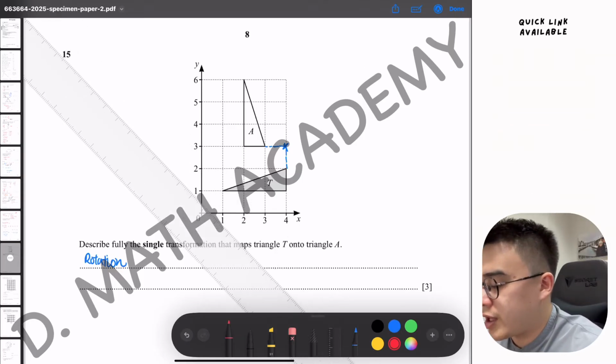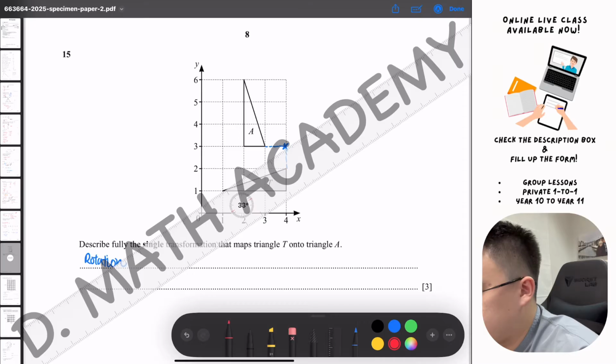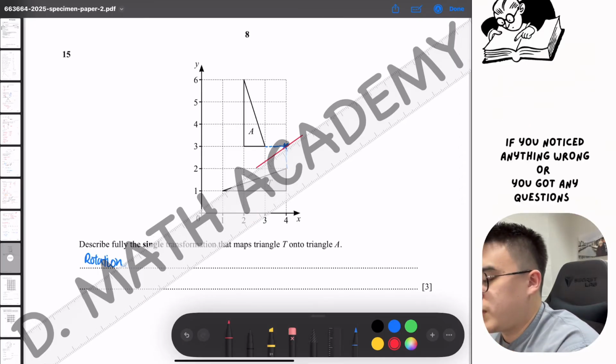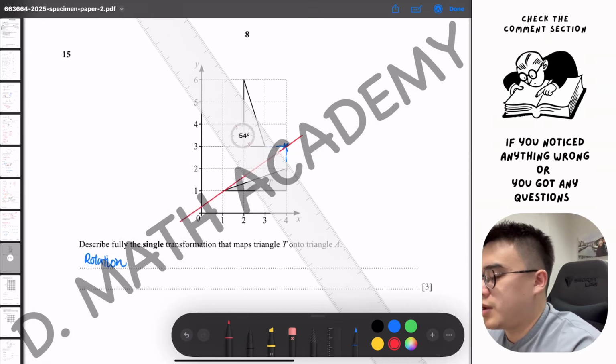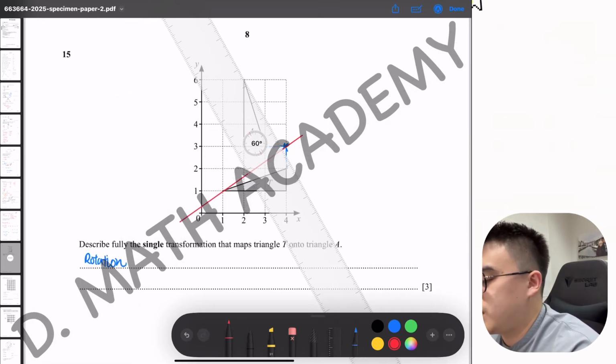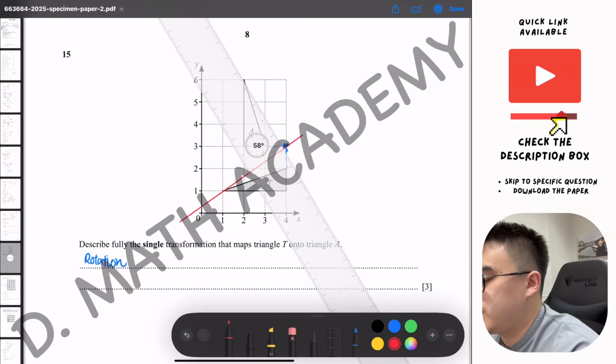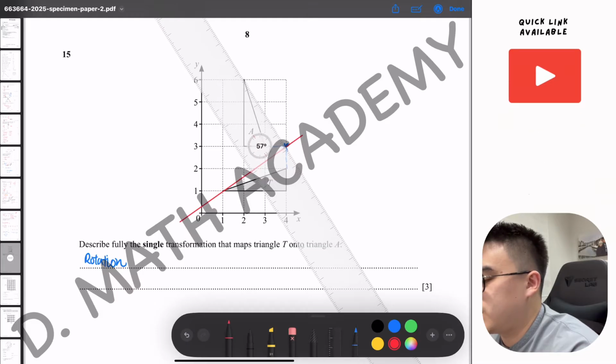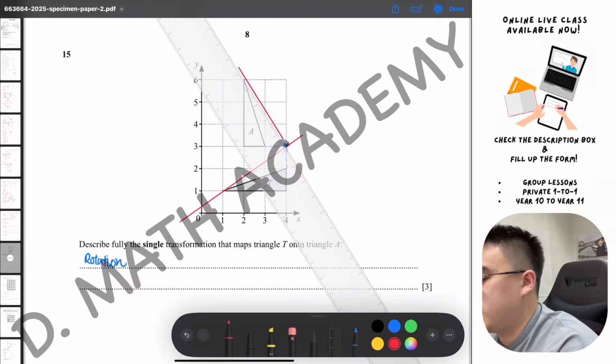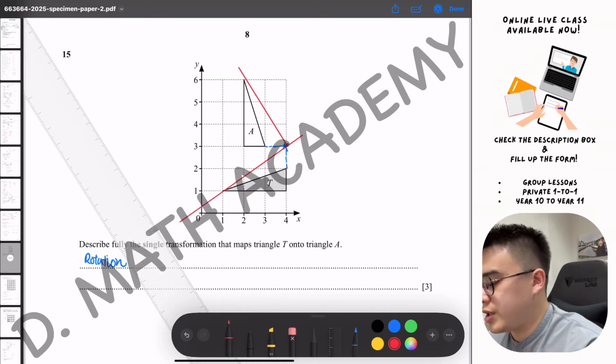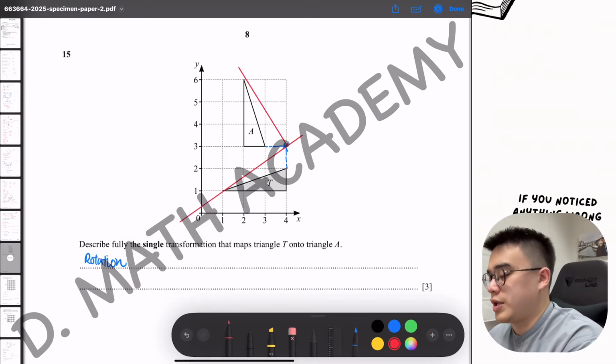For the sake of verification, I can also choose a different point. For example, this one right here, where when I join it up, it will also form a 90-degree right here. If you were to measure it, it is also a 90-degree.